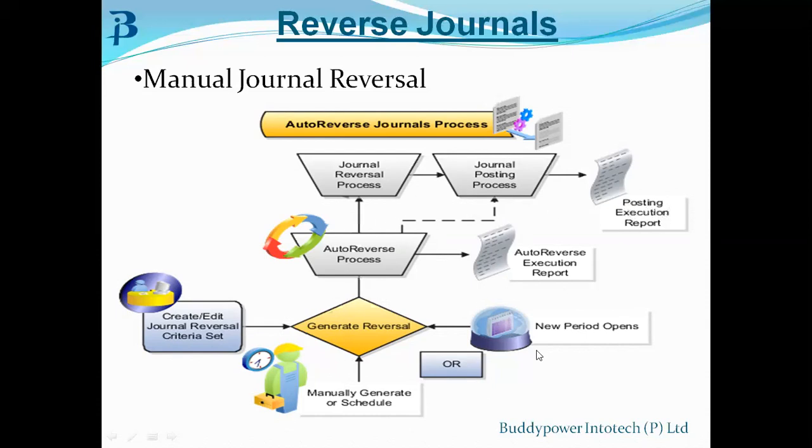So basically, this is the whole process of your auto reverse journals, wherein you define a criteria set, then it goes to your auto reverse process, it gets processed there, then your auto reverse execution report is generated, wherein all your journal reversal names and journal entry names are mentioned in this report. Then after everything is successfully reversed, the posting execution report is generated, which shows you whether all your journal reversals have successfully happened or not.